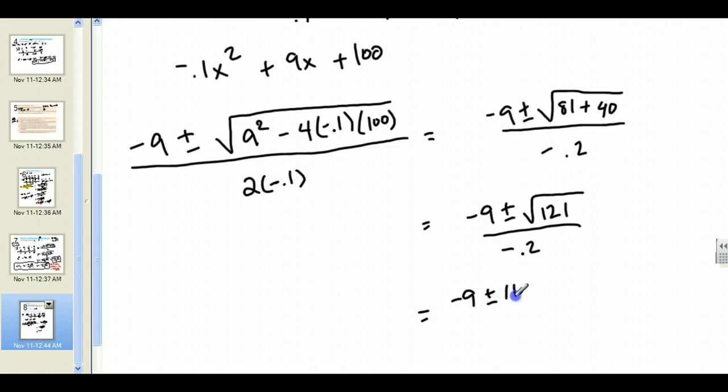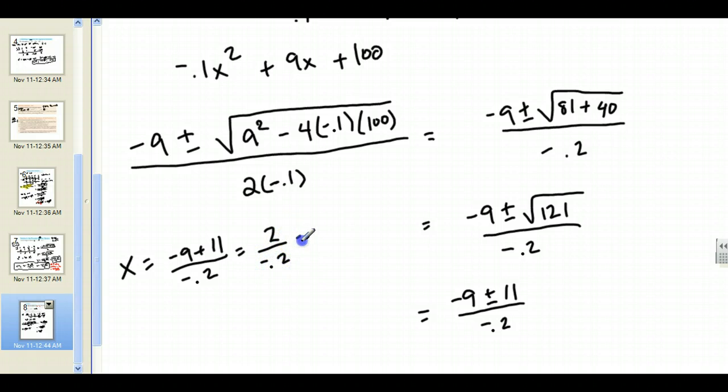So we're going to add and subtract 11 to negative 9 and divide by negative 0.2. So one of our solutions is negative 9 plus 11 over negative 0.2. Negative 9 plus 11 is positive 2 over negative 0.2. And then moving this decimal over, that gives me 20 over negative 2, which is negative 10.